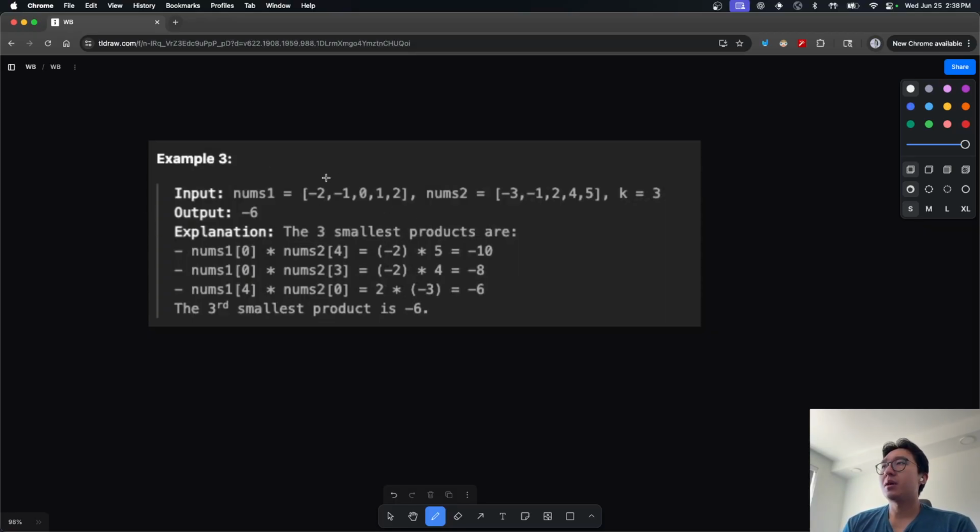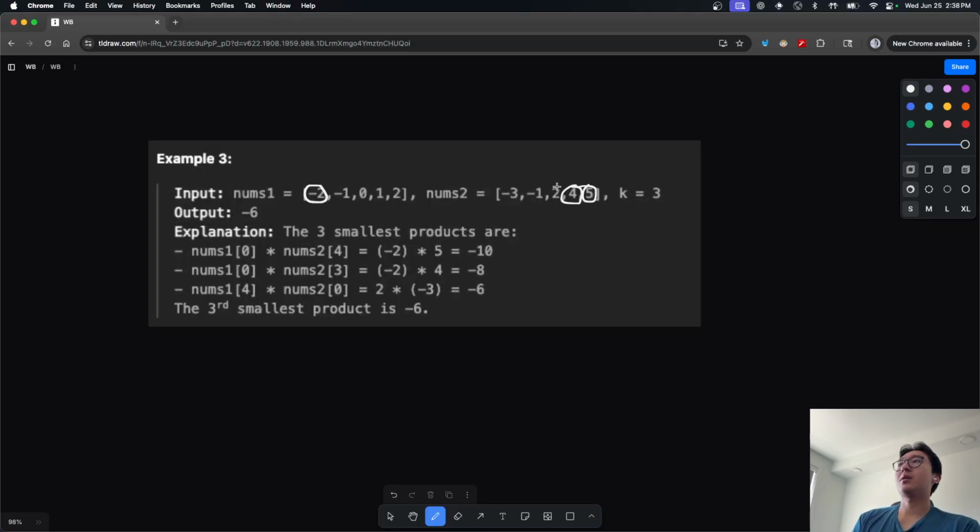Okay, so we decided to multiply -2 with 5, -2 with 4, and then -2 with 2.